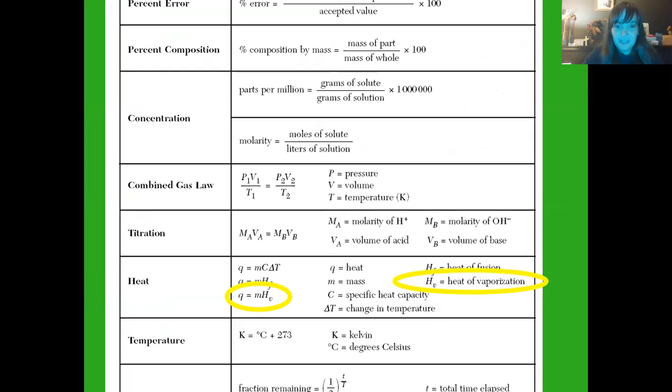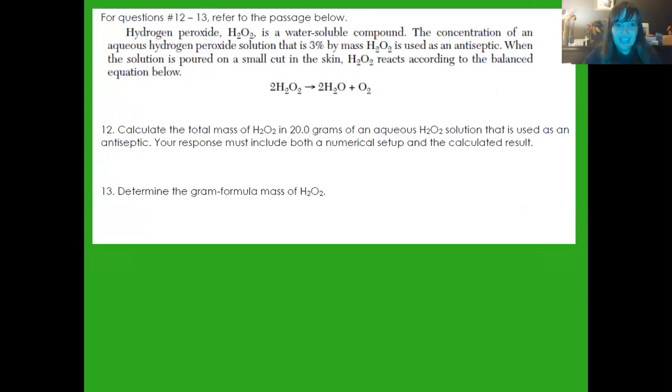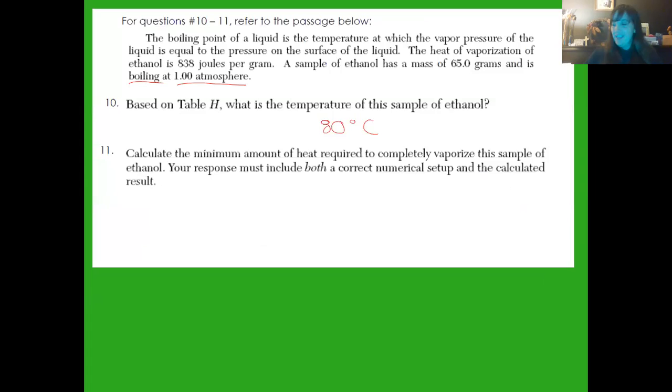And Q equals mHV is the one we want because it says how much heat does it take to vaporize. So I'm going to use that equation. Q is the heat, m is the mass, Hv is the heat of vaporization. So they told us everything we need. They told us the mass, and they told us the heat of vaporization for ethanol. So we'll just multiply those two.